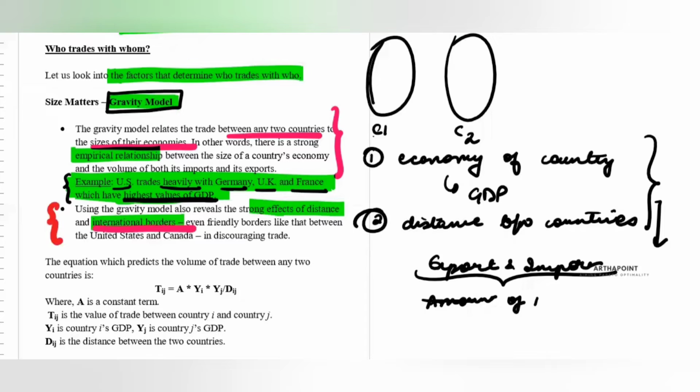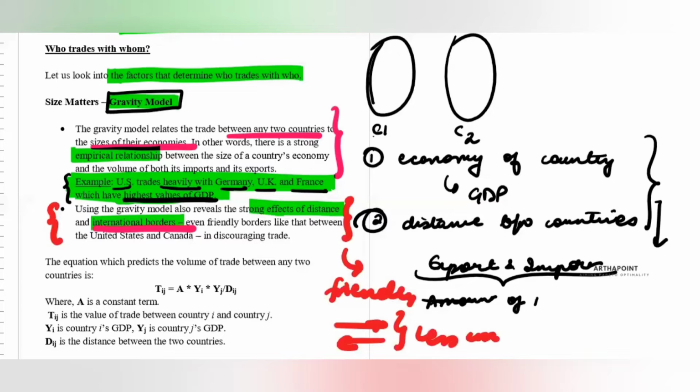Those countries which have friendly international borders, which allow easy movement of goods and services, where there are fewer import quotas and fewer tariffs, are the countries where a good amount of trade takes place compared to other countries.